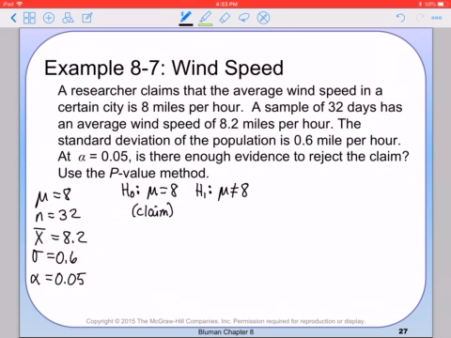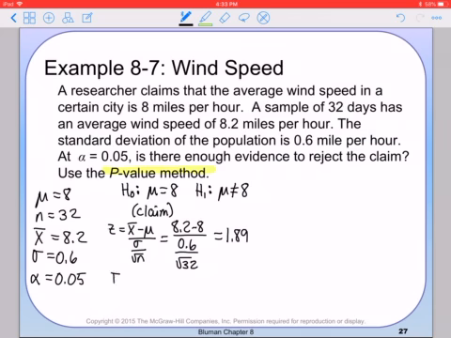Remember, when we're doing the p-value method, we have to find the z-score first. So we find our z-score, substituting in the values. All right, we get a z-value of 1.89.